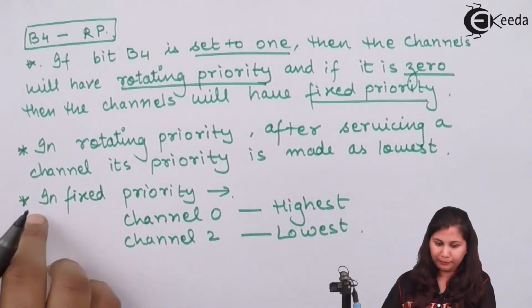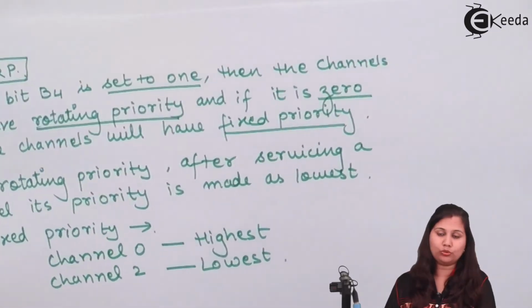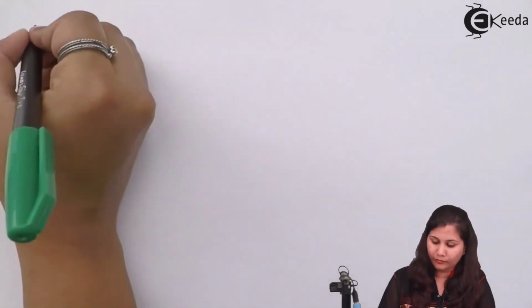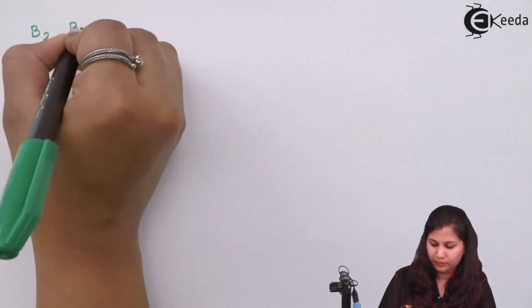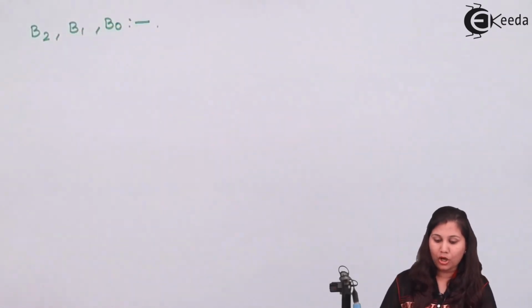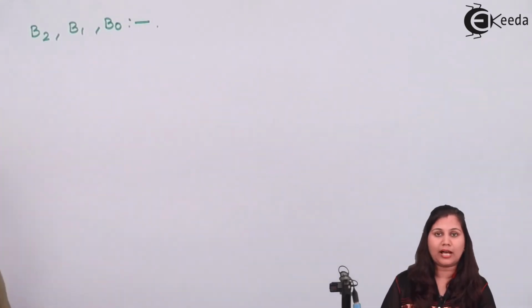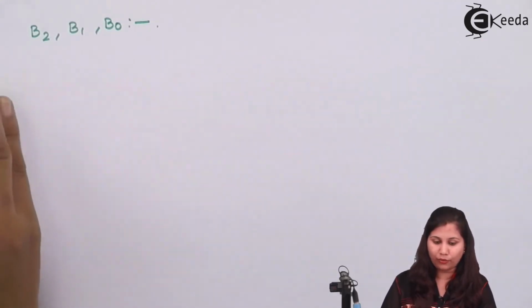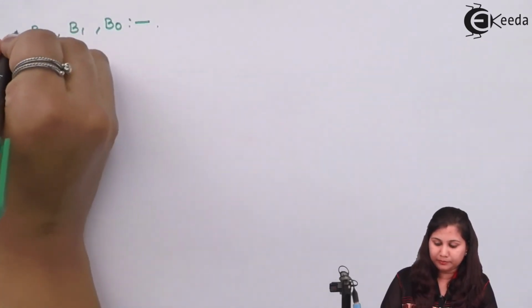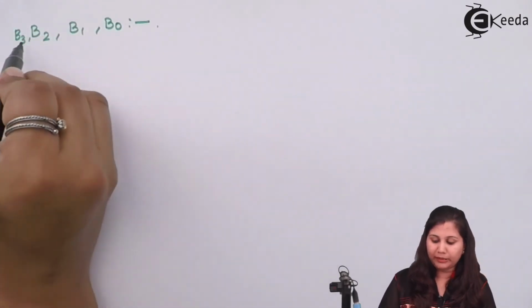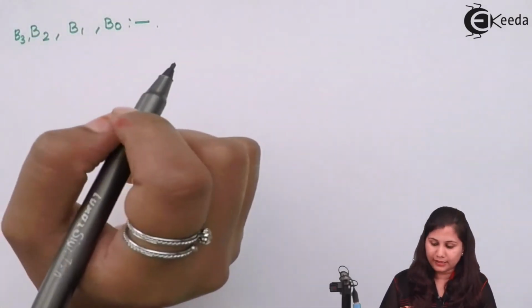Now let's come to bit number 3, bit number 2, bit number 1 and bit number 0. These bits are used to enable the four channels of the DMA.